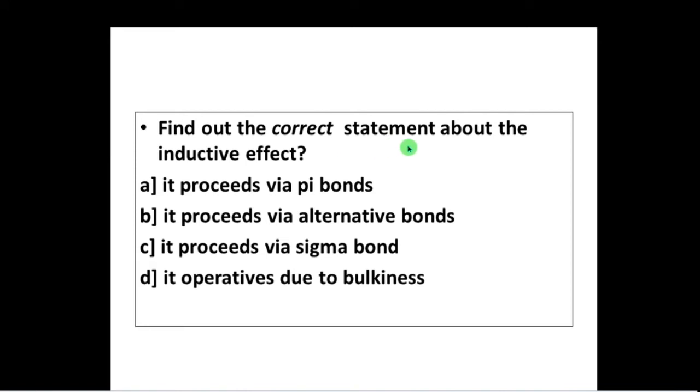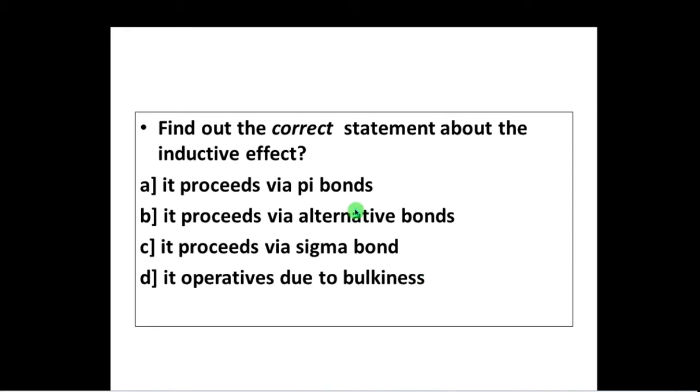Find out the correct statement about the inductive effect. Refer to our previous video: it proceeds via pi bond, or via alternate bond, or via sigma bond, or it operates due to the bulkiness. As we already pointed out, the inductive effect operates in a single bond system, so single bond means the sigma bond is involved.